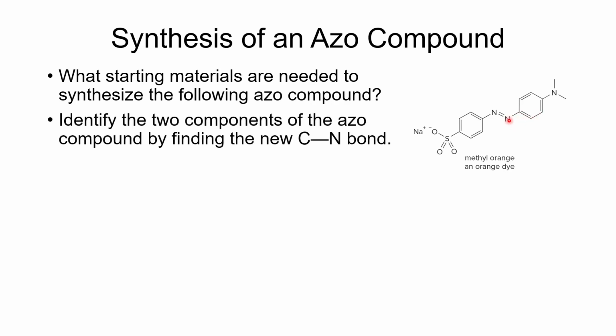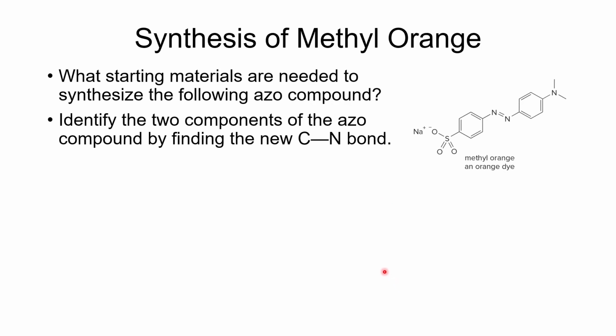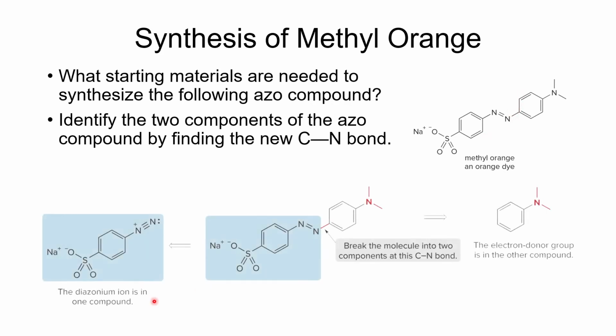If we break it apart there, this would be our diazonium salt component, and this would be our ring with the electron donating group. With this methyl orange, if we wanted to synthesize it, again we break it there. This part would be our diazonium ion, and this part would be our aromatic ring with the strong electron donating group.